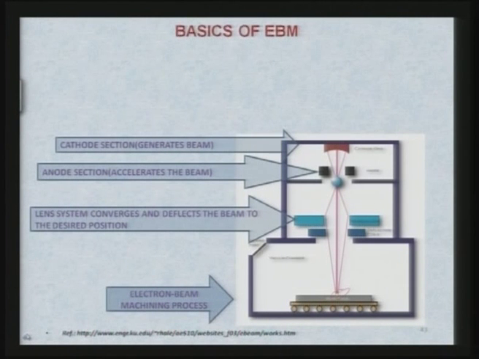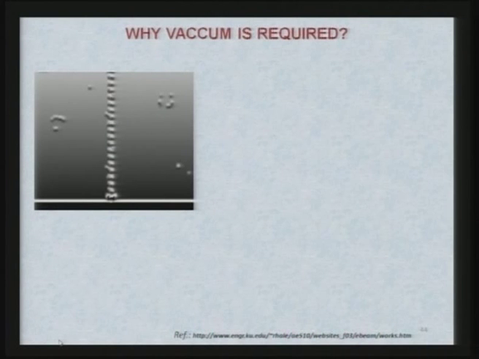You can clearly see the workpiece where electrons are hitting and raising the temperature of a local area to a very high value, such that it melts and vaporizes the material to be machined in case of metals. Now, electron beam machining is mostly done in a vacuum atmosphere for a very simple reason I will show you.